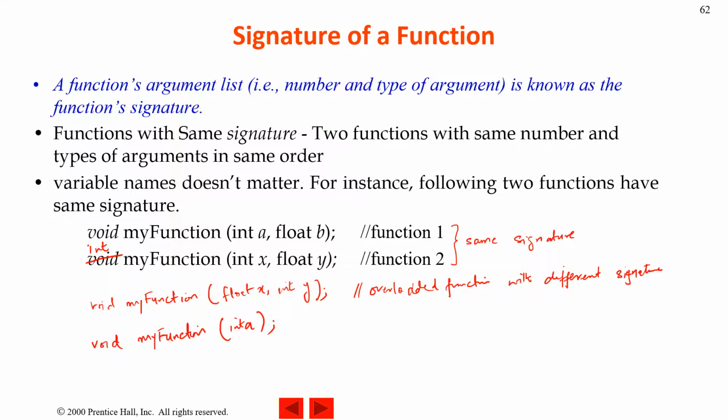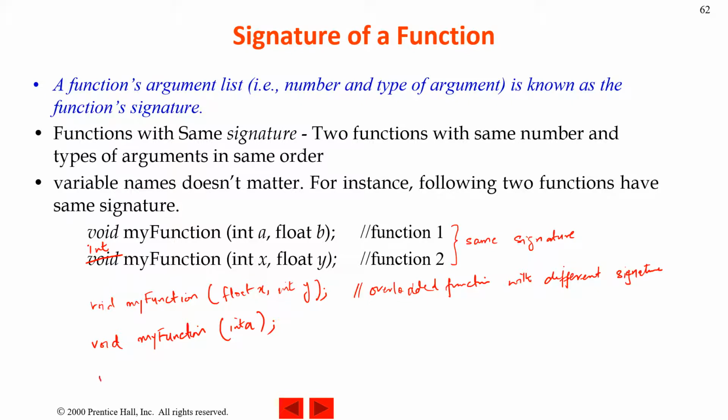That's it. So this also has int a. This has a second parameter, this does not. So this and this, or this and this, differ in the number of parameters. This and this differ in the order of the parameters. So either the number, the type, or the order of the parameters has to be different.